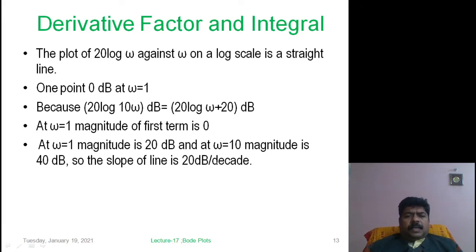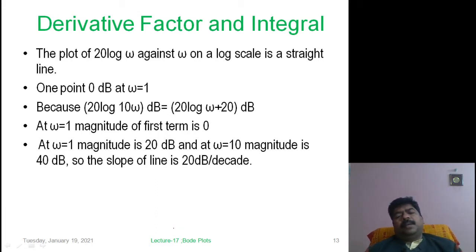So you can easily see here, if omega is taken as 1, the first term will be 0. So at omega 1 the magnitude is 20 dB, and at omega equal to 10 the magnitude is 40 dB for this factor, meaning 20 log 10 omega is increased by a factor of 10.